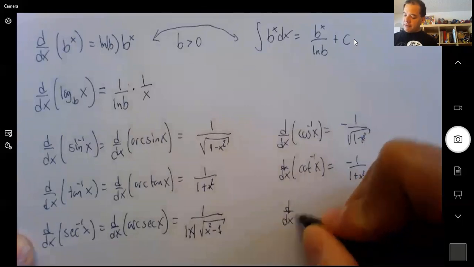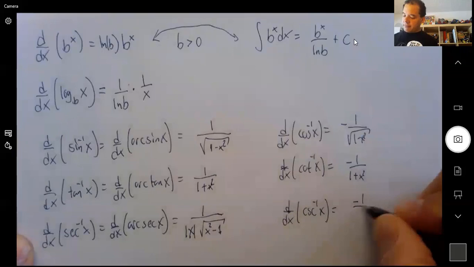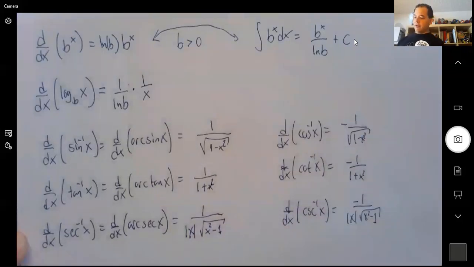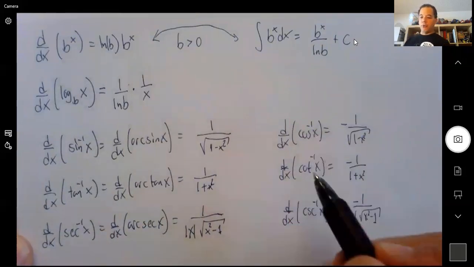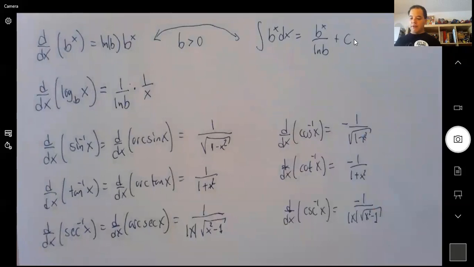And the derivative of inverse cosecant is negative 1 over absolute value of x times the square root of x squared minus 1. Right? You can also write them as arc cosine, arc cotangent, and arc cosecant. Okay? So that's it. These are the tools you need. So we can now go back to the problem.